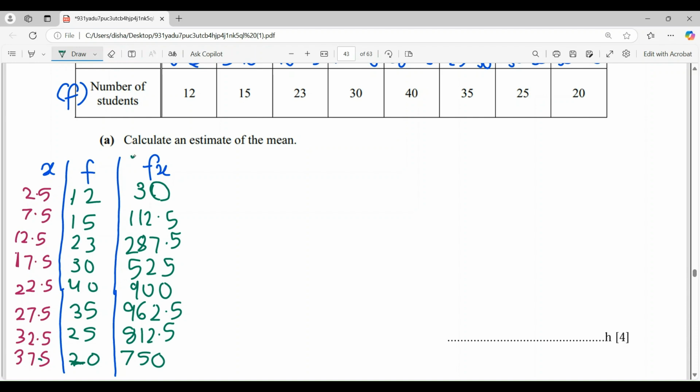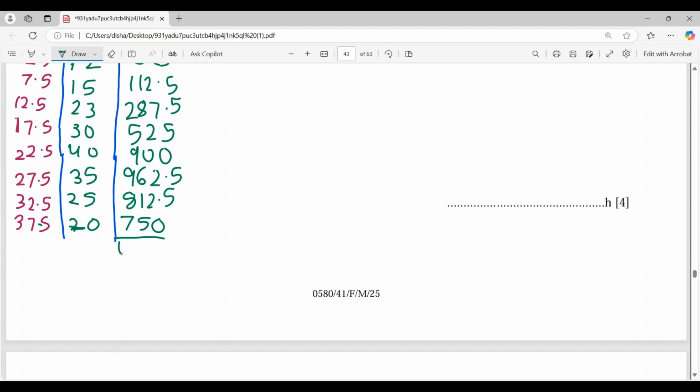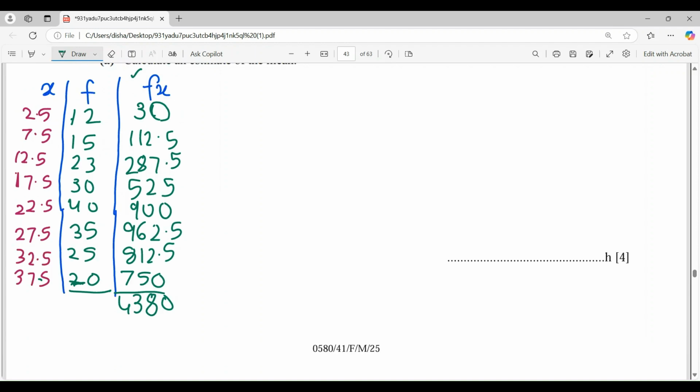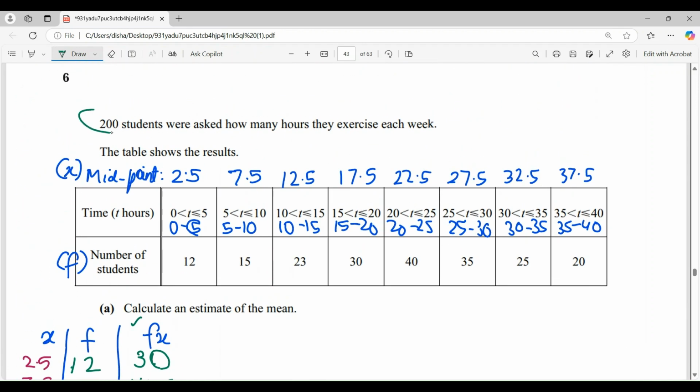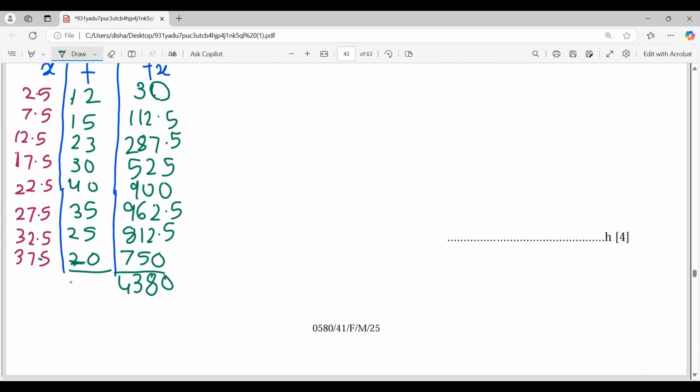Now we have to add this column. So when we add, the answer comes out to be 4380. And the second column of frequency is to be added, but usually it is given in the question. The total is 200. So mean will be sum of fx upon sum of f.